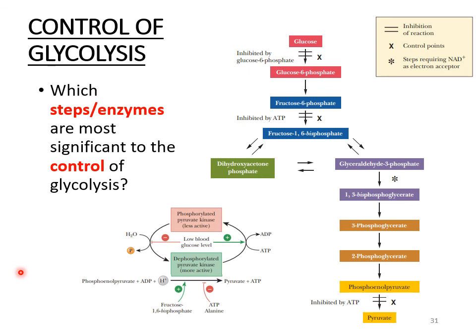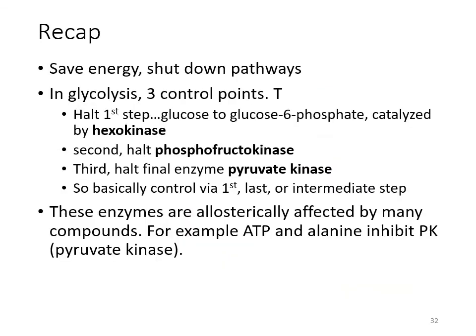Okay, so a lot of that aspect that you see here is basically control of the liver pyruvate kinase by phosphorylation and by dephosphorylation. So as you can see, one is less active than the other form of that enzyme. And so that will be affected by the amount of glucose present in the blood.